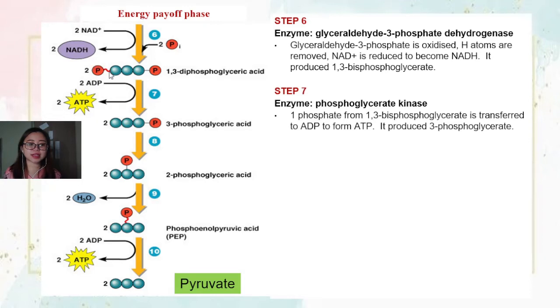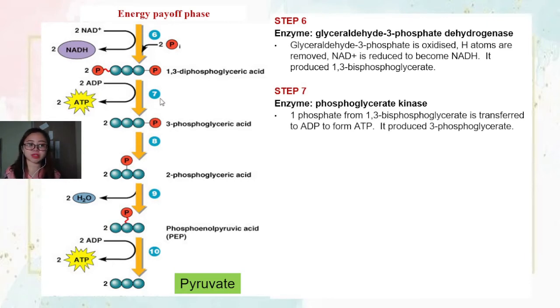Ada garisan yang merah, meaning that this is a high energy unstable bond. So right after step 6, when we go into step 7, that high energy unstable bond between this phosphate and the molecule, we're going to use that energy from here and put it into an ATP.